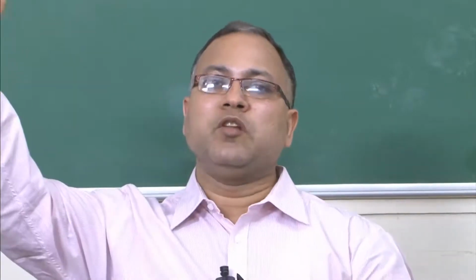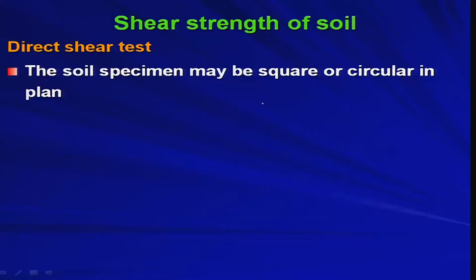Once you know the Mohr Coulomb failure criteria or the failure envelope, from there you can find out C and phi. Okay. So, now let us see how we can interpret the results obtained from this direct shear test. The soil specimen may be square or circular in plan.